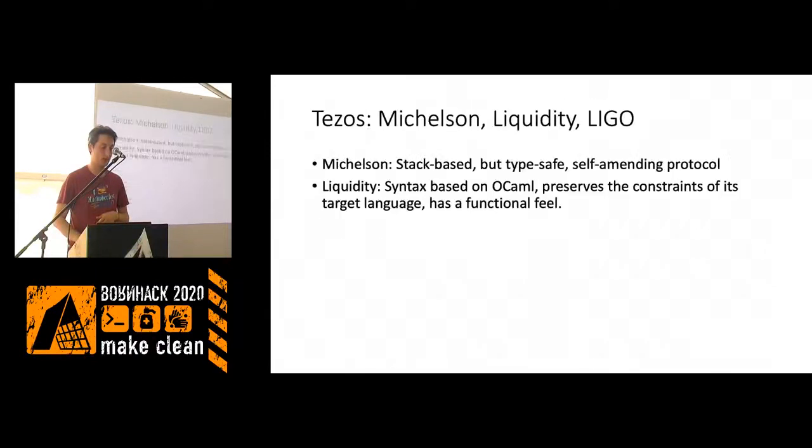Then I have Lego. I didn't provide an example of Lego just because I ran short of time preparing, but I would say that Lego is inspired by Go, thus the name. So this behavior of having Liquidity resembling OCaml and Lego resembling Go is copying the behavior of how blockchain languages were formed on Ethereum.